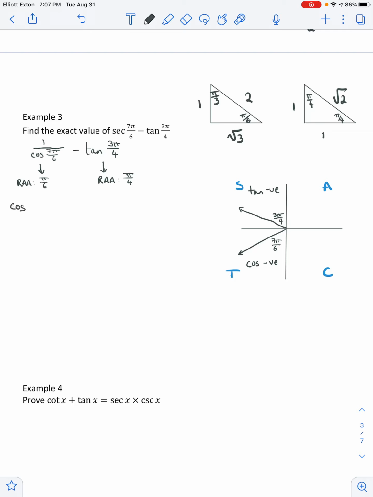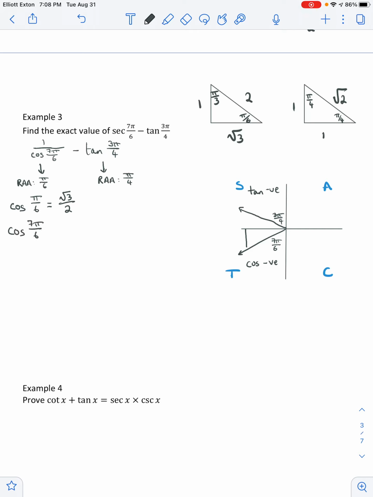So we're finding the cosine of pi over 6. And we've got to look at our special triangle and see for pi over 6 what are the side lengths, the adjacent over the hypotenuse, which in this case is going to be root 3 over 2. And now we need to recognize that this is pi over 6. However, that's a relative acute angle of 7 pi over 6, which in this case is negative in quadrant 3.